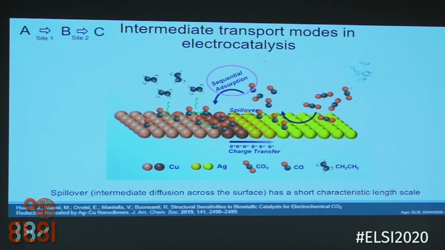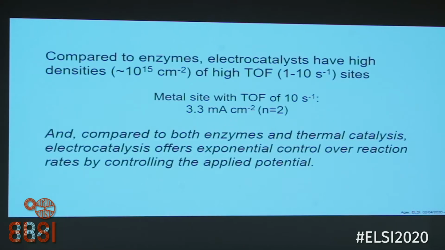You might think this might be an inefficient process and not useful for further chemistry, but I'll show you that thinking is actually not correct. I want to make this point about electrocatalysts and enzymes.